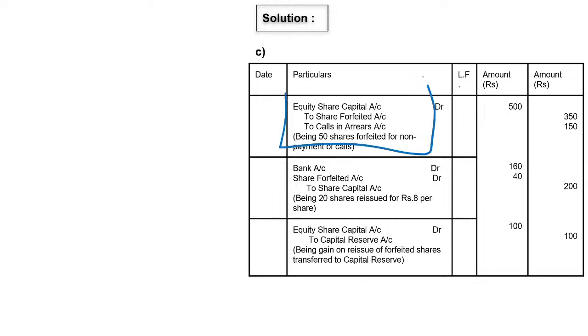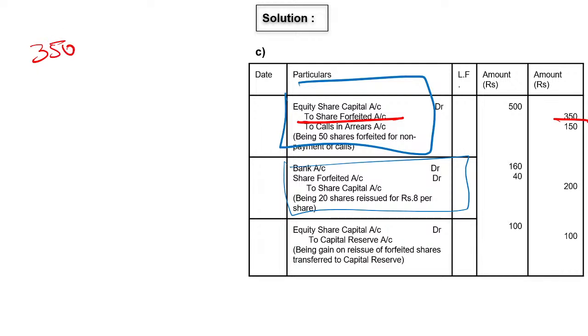So these are the entries for forfeiture. This is for reissue. Now we have to calculate the balance that will be transferred to capital reserve. So balance of share forfeiture is 350. Share forfeiture balance divided by number of forfeited shares, 350 divided by 50, multiplied by reissued shares 20.